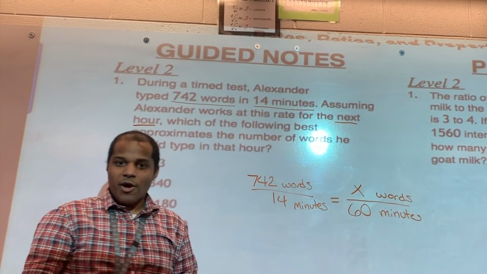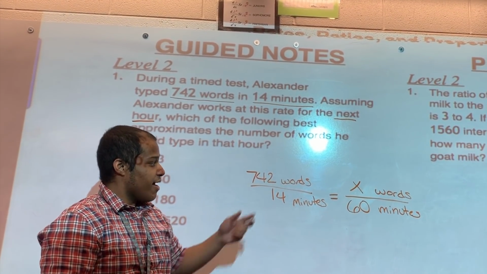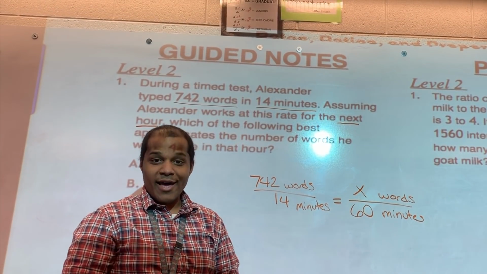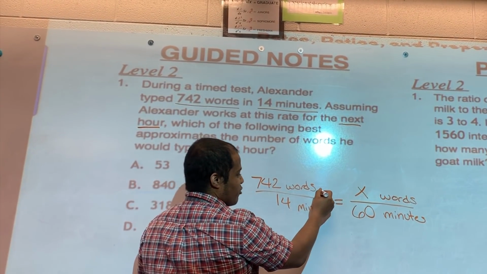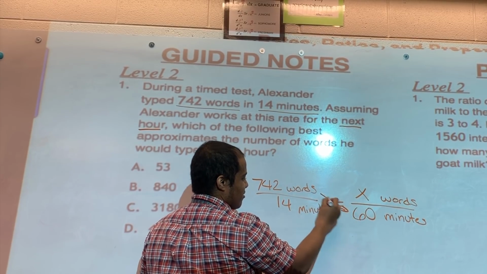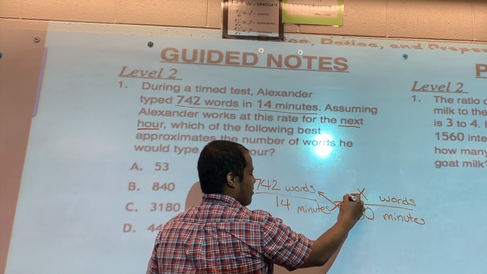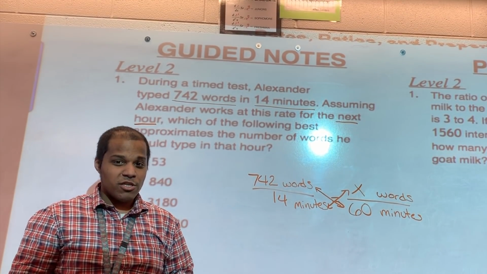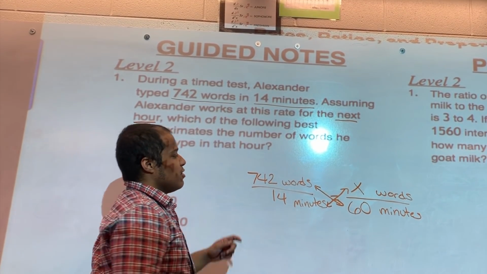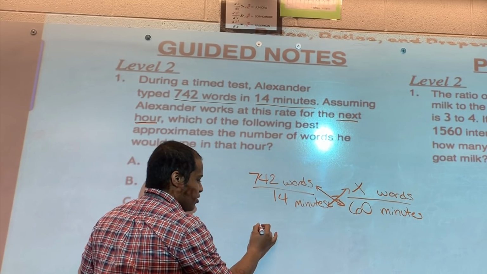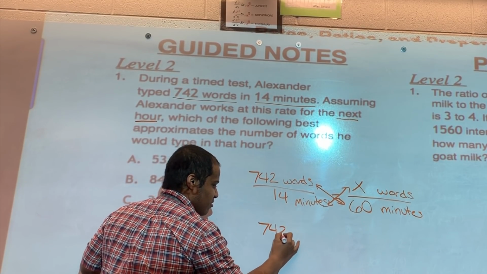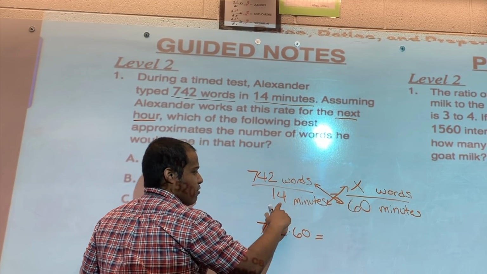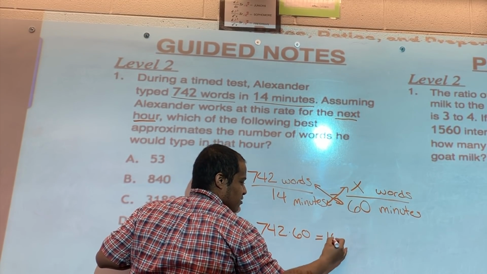From here, we're going to go ahead and use the strategy that we have been using. I have one fraction set equal to another in this proportion, therefore, I can cross multiply. 742 times 60, 14 times x. Remember, whenever you do this, you create an equation, not another fraction. So, I start off with 742 times 60, and I set it equal to 14 times x.